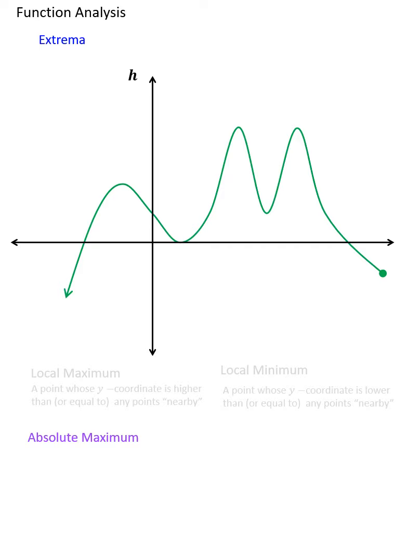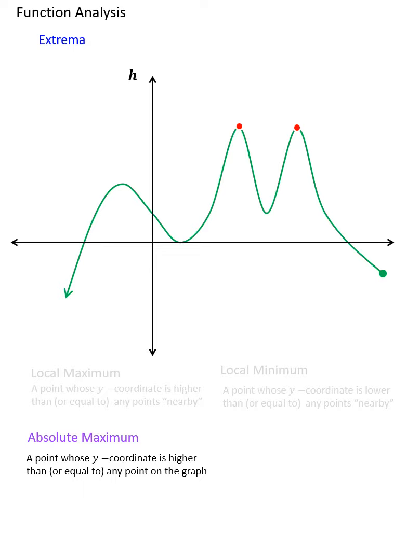Let's now transition to something called absolute extrema, as opposed to local extrema. We'll start with an absolute maximum. An absolute maximum is a point whose y-coordinate is higher than or equal to any other point on the entire graph. So for example, this point here is an absolute maximum because whatever its y-coordinate is, we don't have any scaling on the axis to know what it is, but that is the highest y-coordinate on the graph, or at least tied for highest.